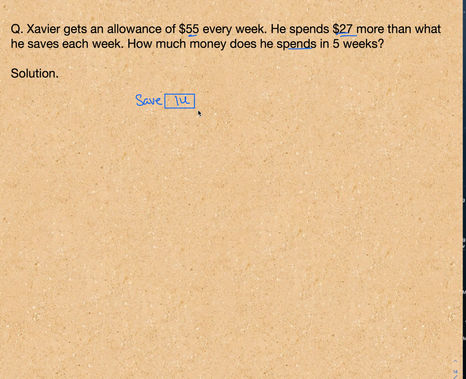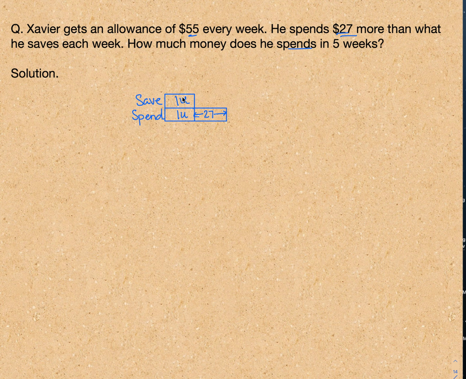He spends $27 more than what he saves. So how much more should it be from what he saves? 27 more. So this is 27, and this is 1 unit. And this is what he spends every week.